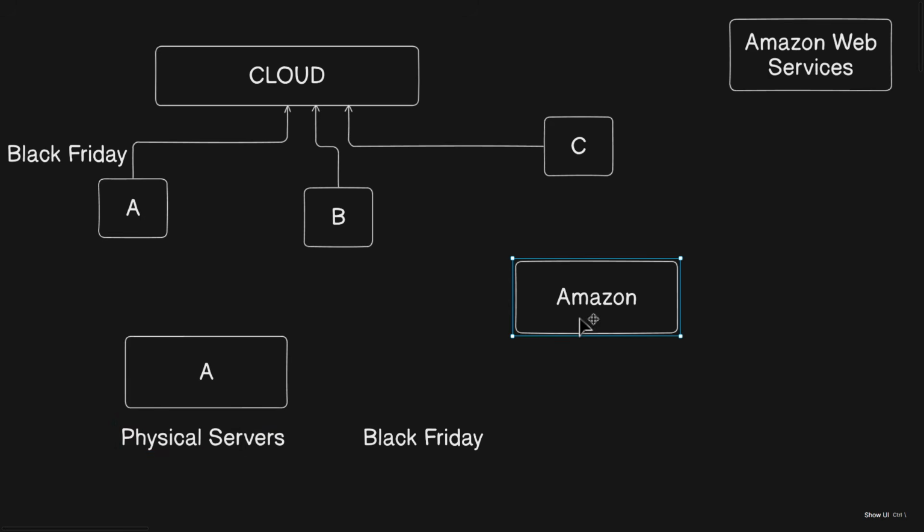Whenever there used to be big sales like Black Friday, tons of people used to visit and buy on Amazon.com, and suddenly they had to scale their server capacity, right? And when the sale was over, the traffic used to go away, and suddenly they realized there was no need of having so many servers when there is no sale, right?